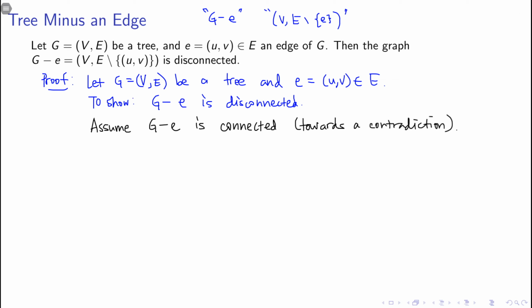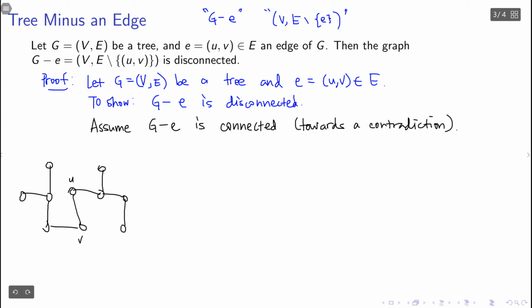So what goes wrong in this scenario? Just imagine you have some graph, and say that's U and that's V. This is the edge E in your graph.